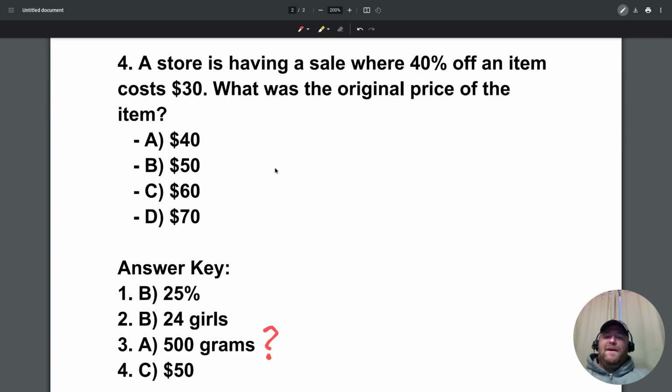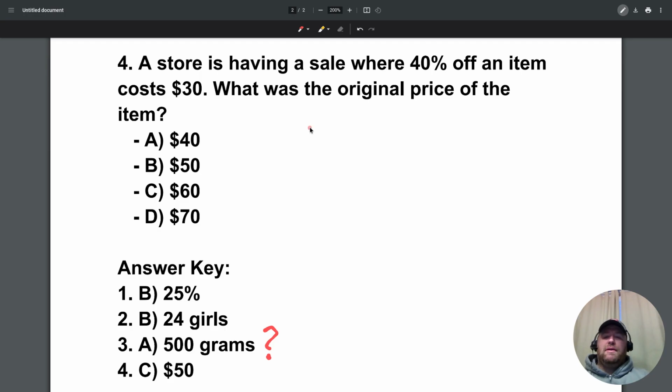All right, so problem number 4, a store is having a sale where 40% off an item costs $30. What was the original price of the item? Okay, so 40% off is 60% of the original cost.